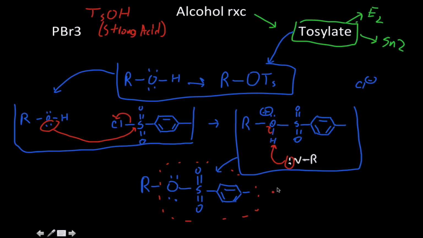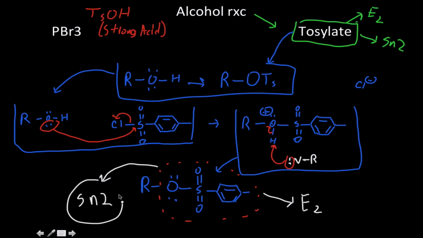And from here, depending on whether we have a nucleophile or a base, we can do an E2 reaction or we can do an SN2 reaction. It just depends on the nucleophile. But this molecule here, this is the leaving group for this reaction here. So kind of a lot to worry about.